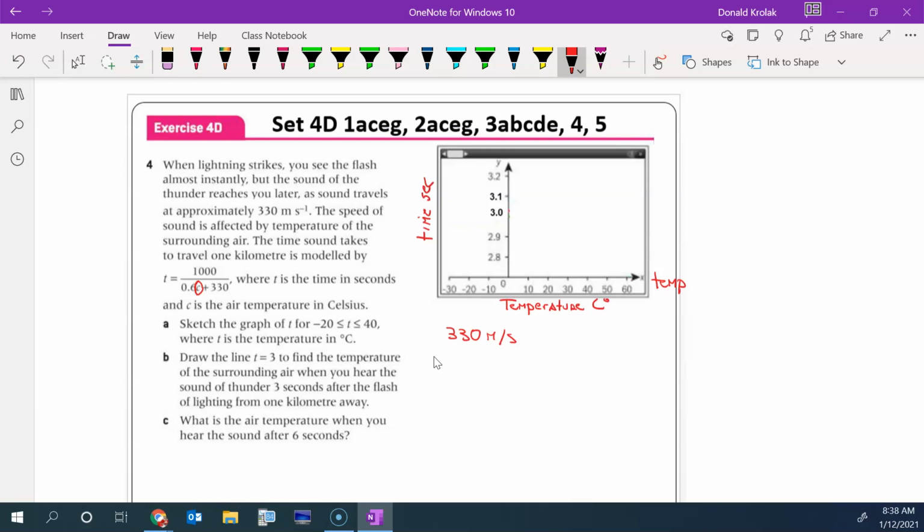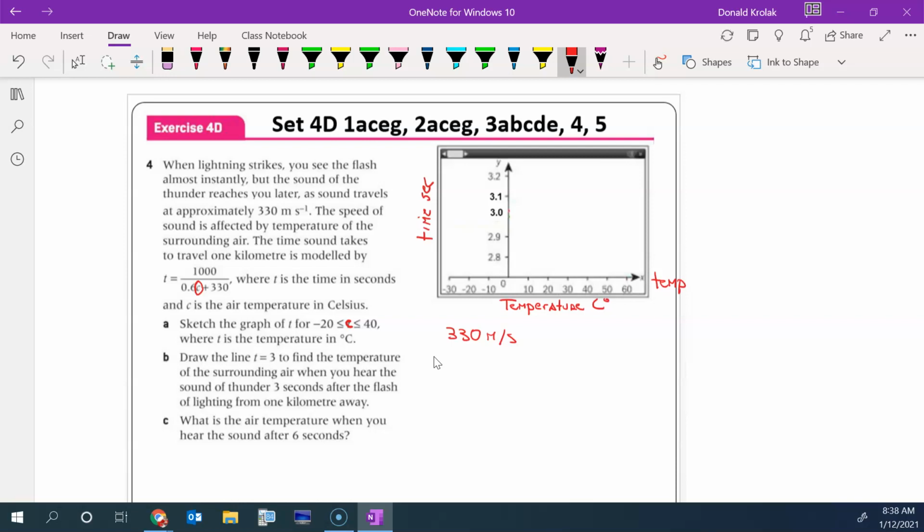This is a misprint in your textbook. This should be sketch the graph of T for C being negative 20 degrees Celsius to 40 degrees Celsius.